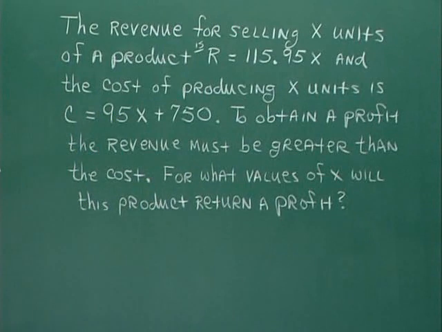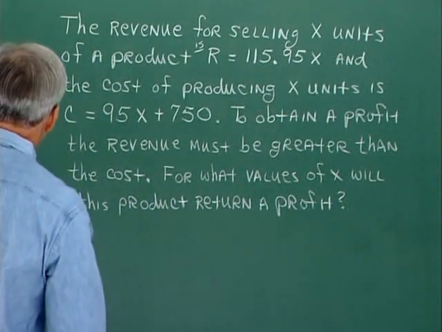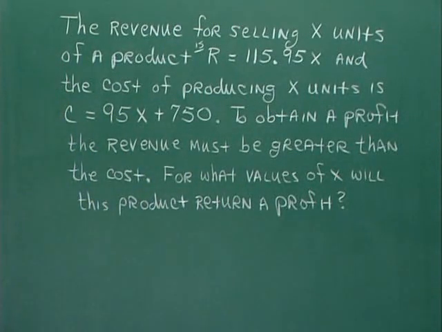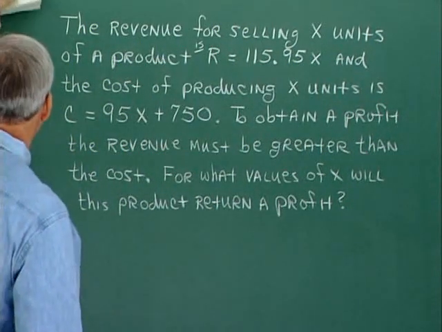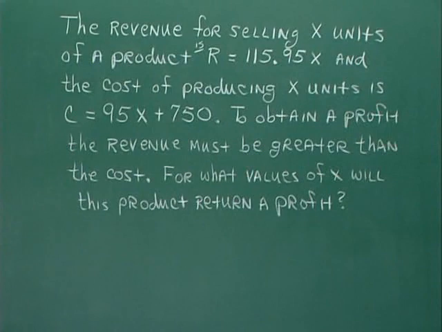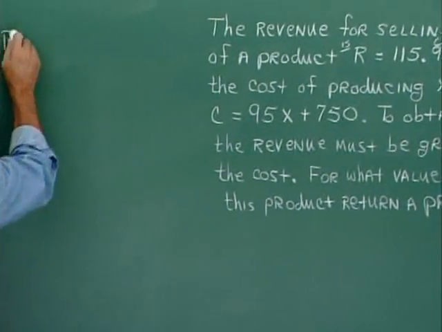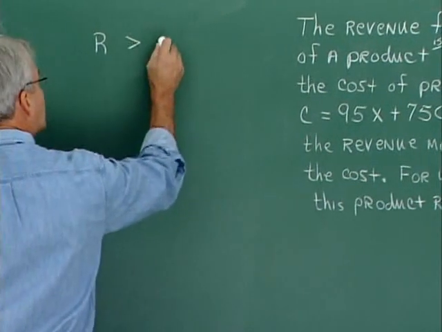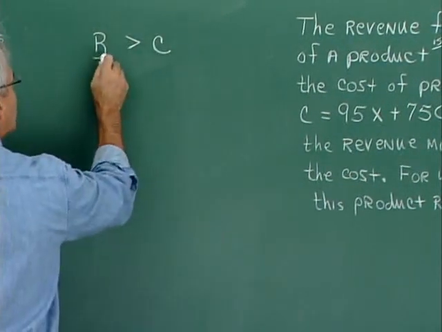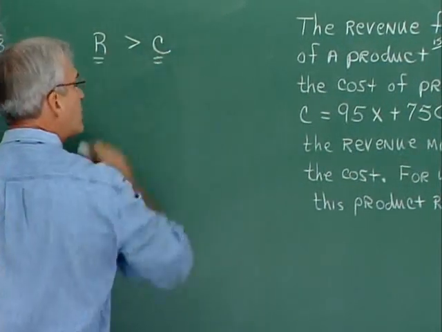Well, it says something about an inequality, so let's just set up that inequality. The revenue needs to be greater than the cost. That makes sense. We have an expression for revenue and an expression for cost.